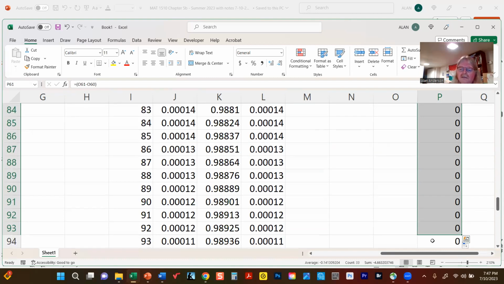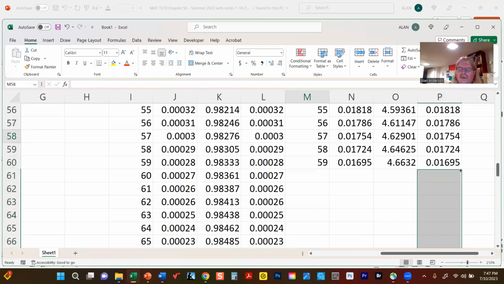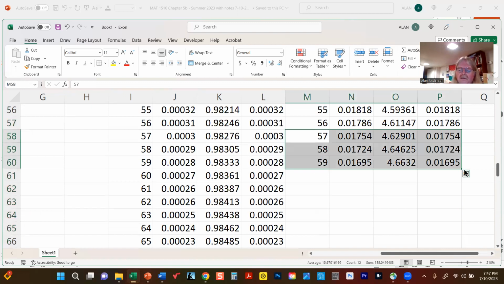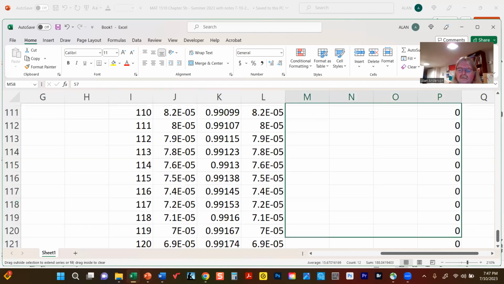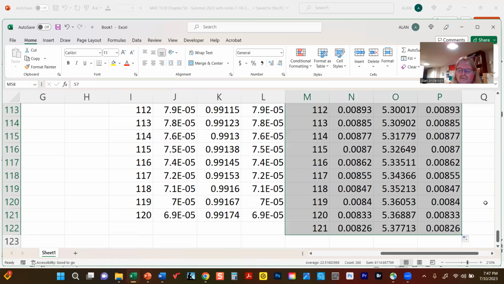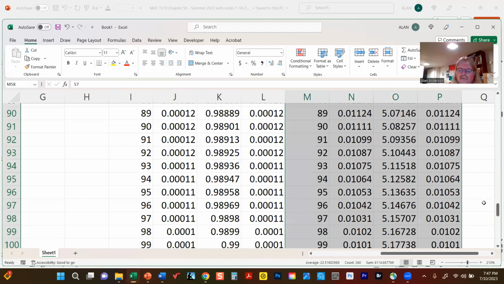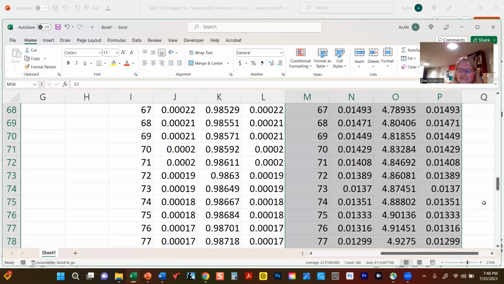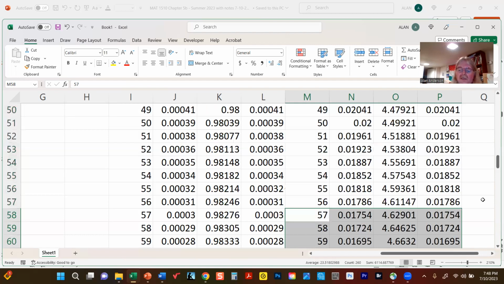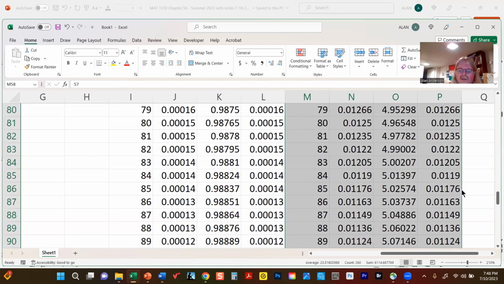Let's get these out of here. I just want to see something. What happens if I keep dragging this down? I don't know. It looks to me like they're getting smaller, but very, very slowly.